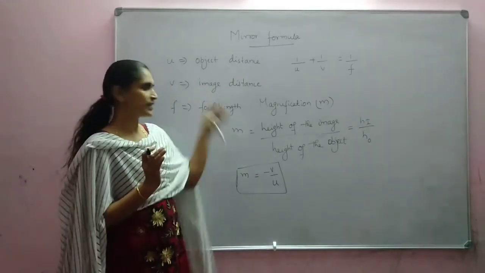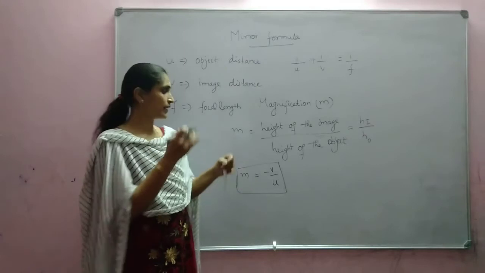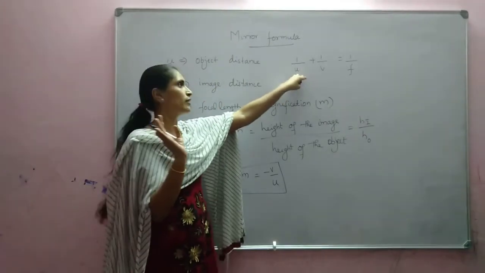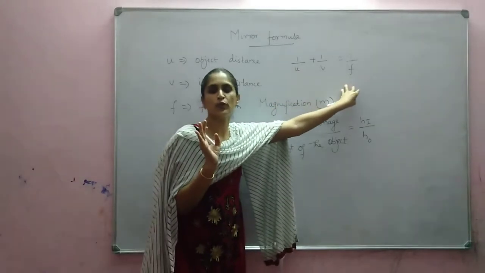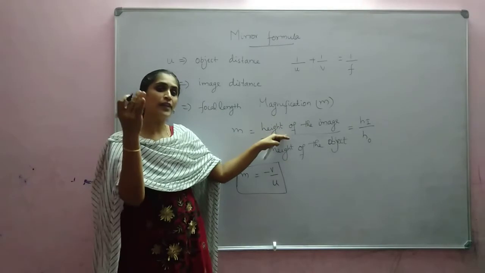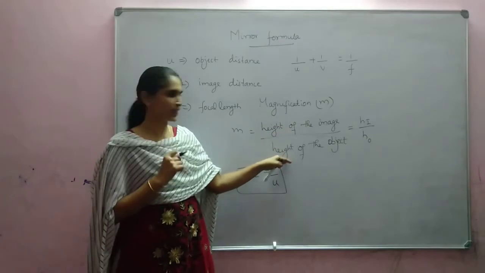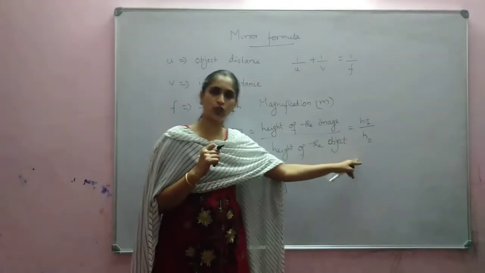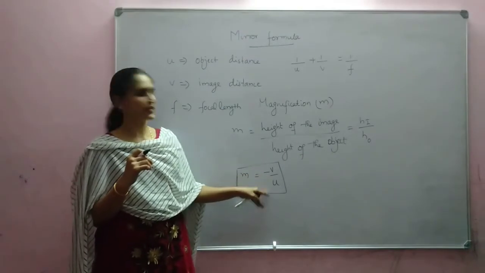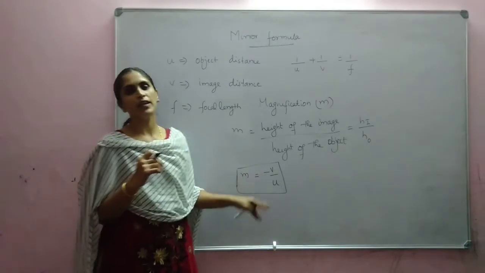So 1 by u plus 1 by v is equal to 1 by f, and magnification is the ratio of the height of the image to the height of the object, hi by ho, or m is equal to minus v by u.